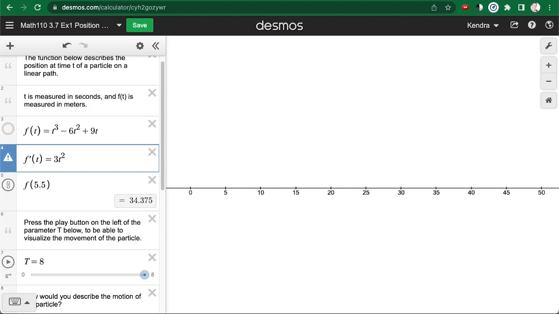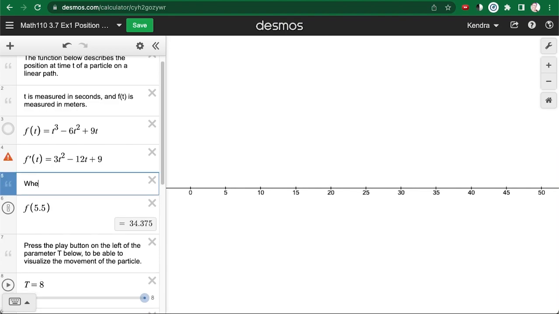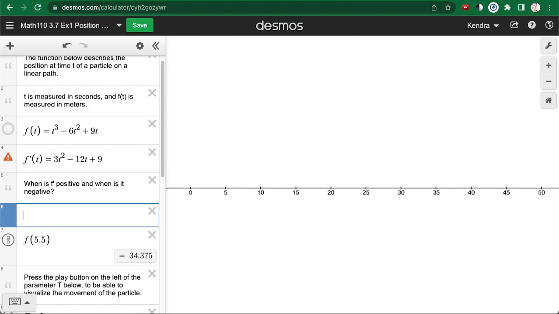The derivative of negative 6t squared is negative 12t. And the derivative of 9t is just 9. Okay, so we're going to ask when f prime is positive and negative. In order to answer that, first we need to find out when f prime is 0.